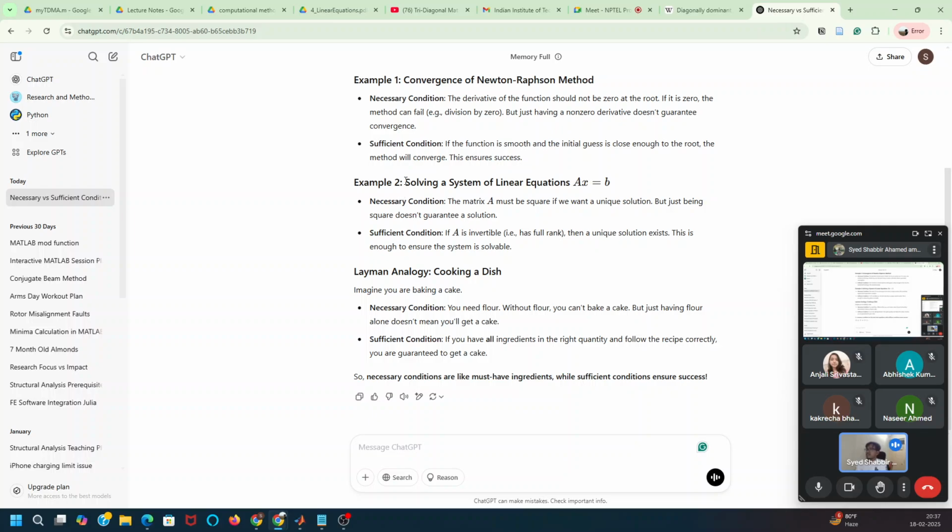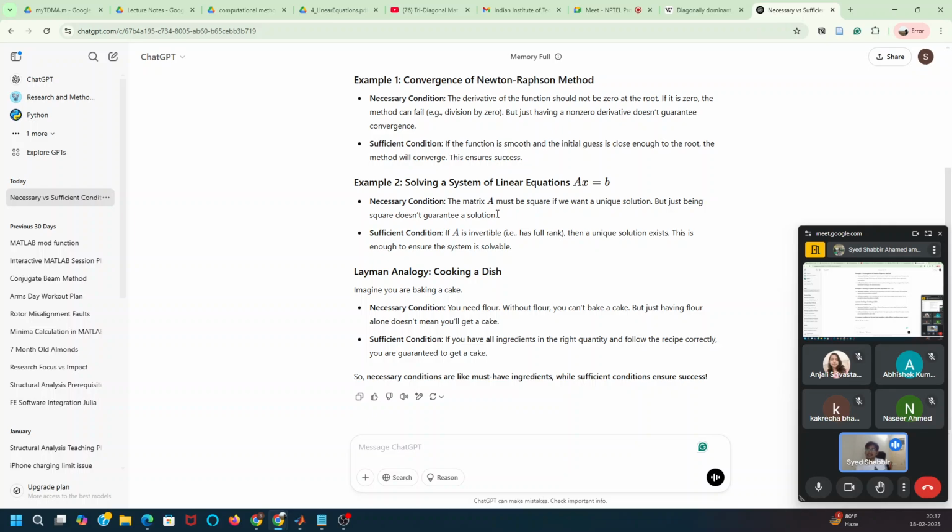There are some examples also here. If you have a linear system, Ax equals b, the matrix A must be square if we want a unique solution, but just being square doesn't guarantee a solution.